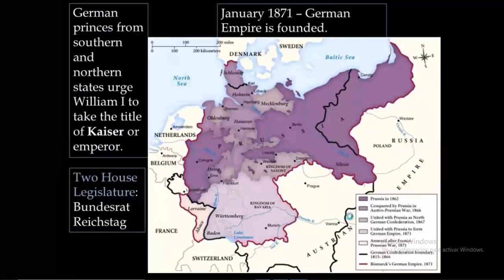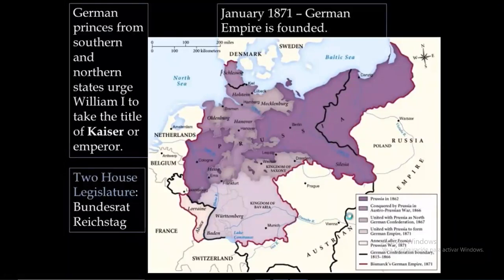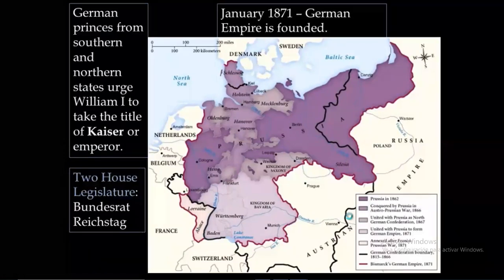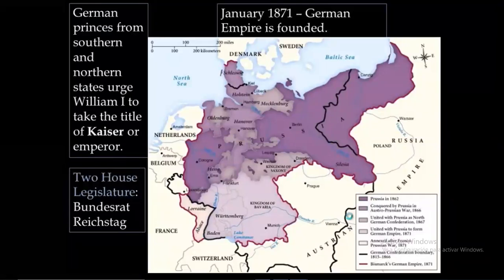The other part of the legislature is the Reichstag, and people elected to the Reichstag are chosen by voting males in the German Empire. So by 1871, Bismarck had united Germany, had united the German states, and Prussia was kind of leading the way here. And you can see here pictured the extent of the German Empire at this time.